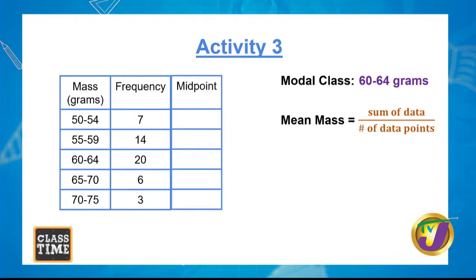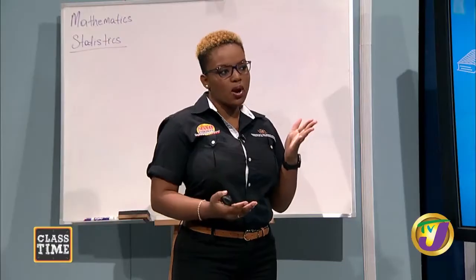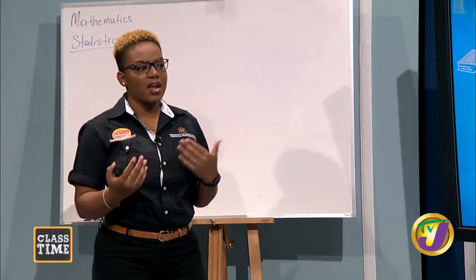Oh, okay. All right. The midpoint. We did speak about the midpoint last week, Friday. But just a reminder, for those who weren't here, the class midpoint is found by summing the lower and upper class limits and dividing that by 2.